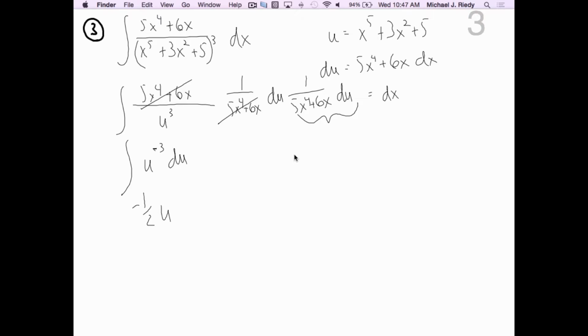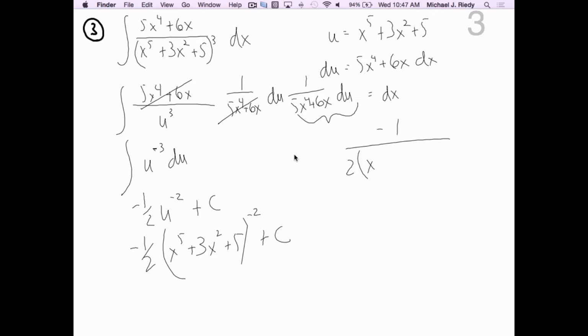So what's negative 3 plus 1? Oh, dang it. And of course, we wouldn't like the negative exponent, so we'd get rid of that. So we'd get negative 1 over 2 times the quantity x to the 5th plus 3x squared plus 5 squared plus c.